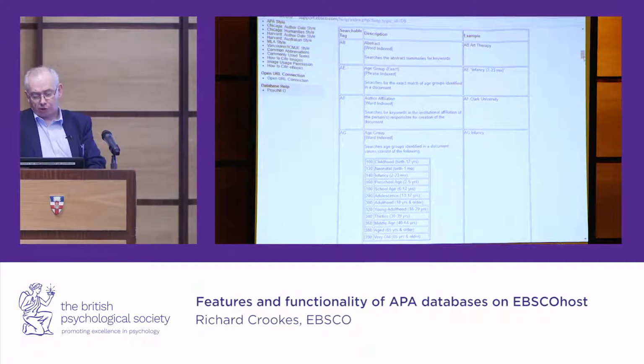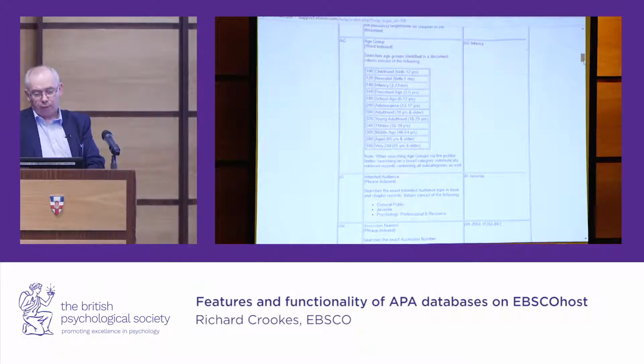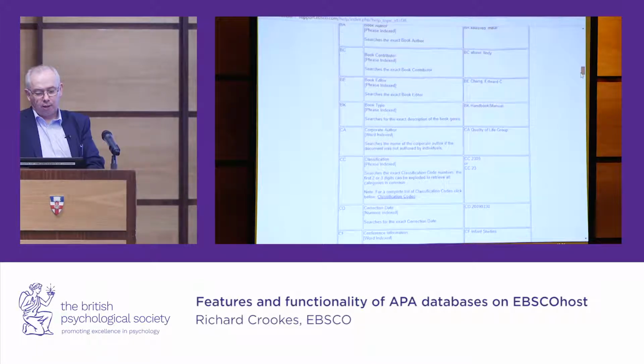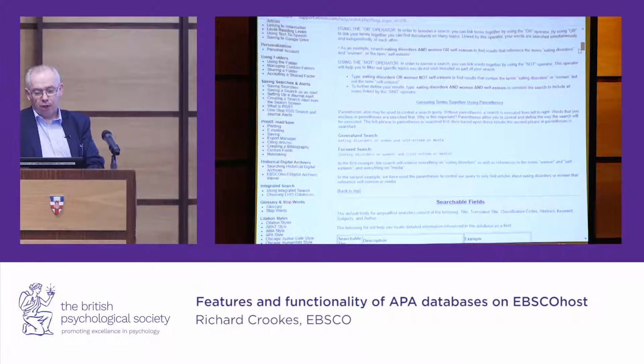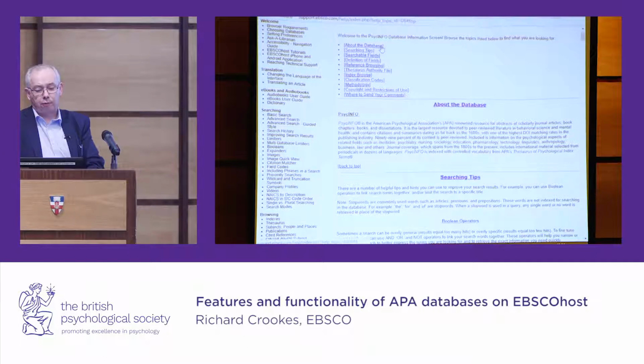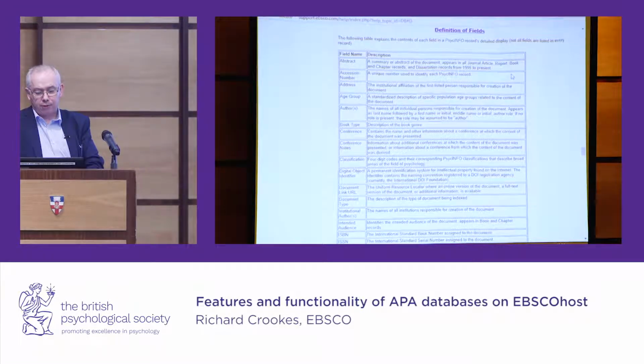So if you're constructing a search query using the field codes, searchable tags, it gives you an indication of what they are and how you'd use them. It also lists the definition of the fields as well. So if you want more information about these, then you can browse through this in your own time.